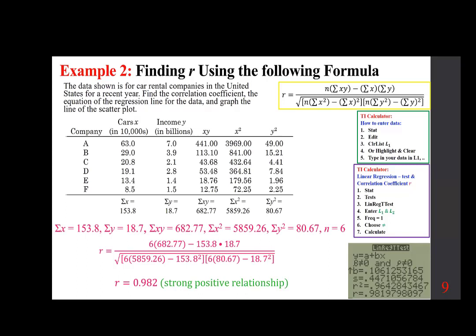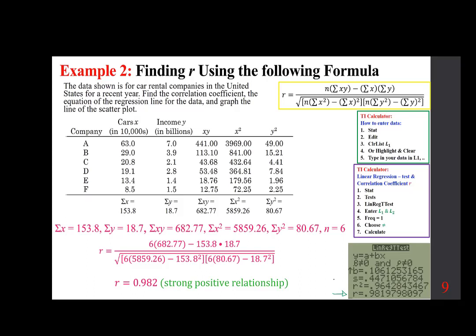It's a strong positive relationship. Needless to say, this is normally done by technology. You have the answer here. So we got the r, the first part of the question: find the correlation coefficient.